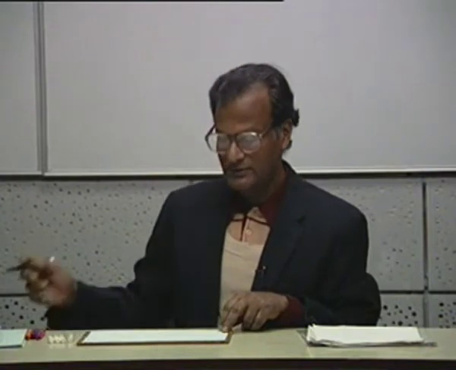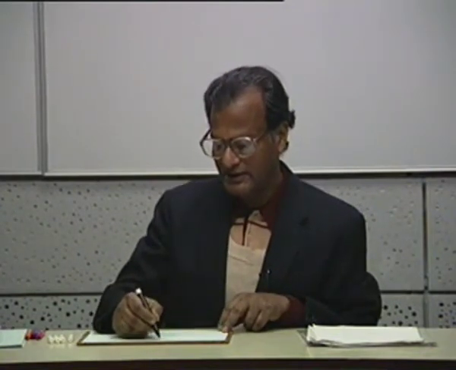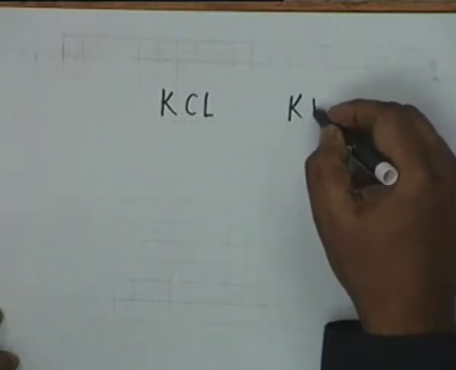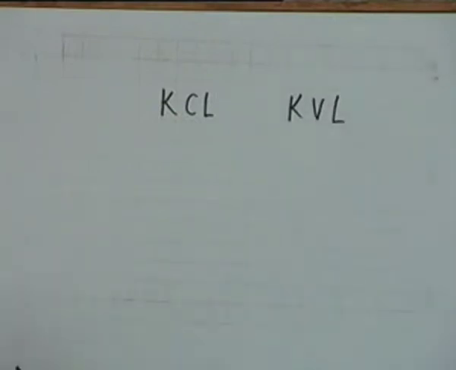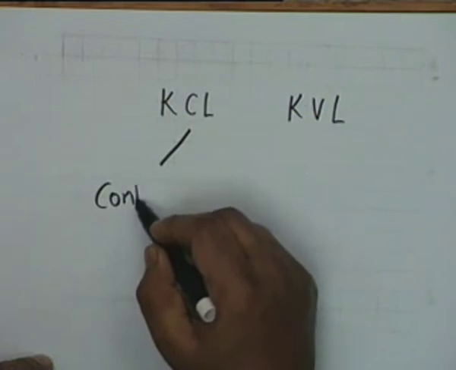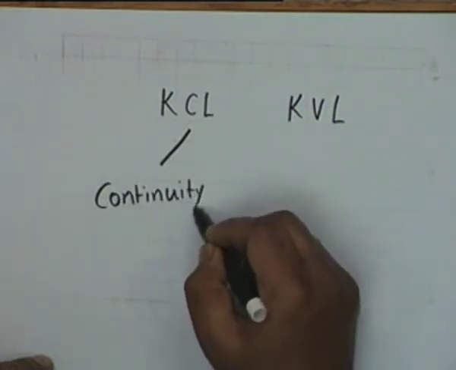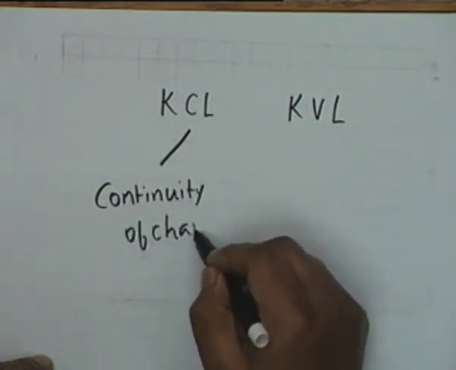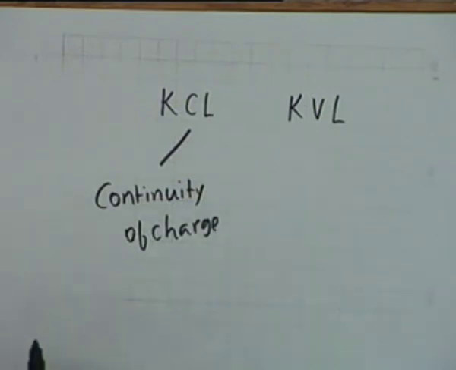The basic tools for network analysis are Kirchhoff's current law and Kirchhoff's voltage law. As you know already, Kirchhoff's current law is an expression for continuity of charge. That is, in a dynamic situation, charge cannot accumulate at any point in the network, and this is expressed in terms of Kirchhoff's current law.